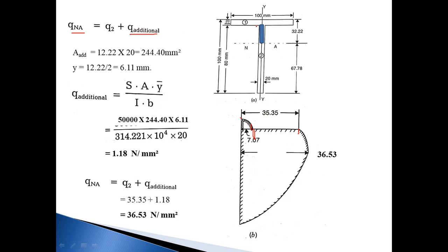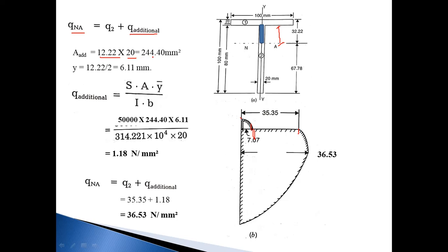How to calculate Q additional? By considering this additional area. What is my additional area? Above the neutral axis and below the bottom of the flange. So what is the depth of this additional section? This overall depth is 32.22 minus the depth of the flange, that is 20. So it becomes 12.22 and the width of the section is 20.